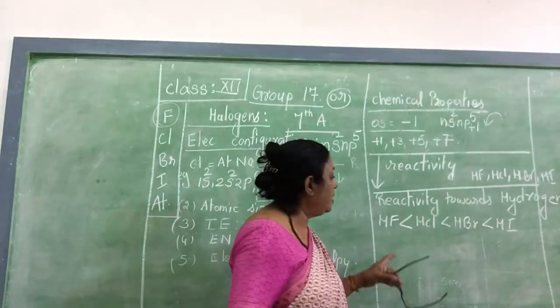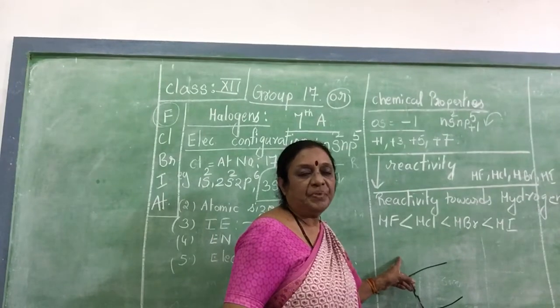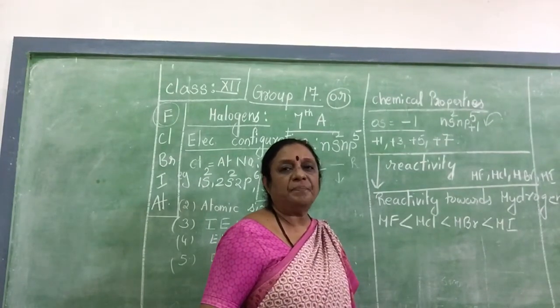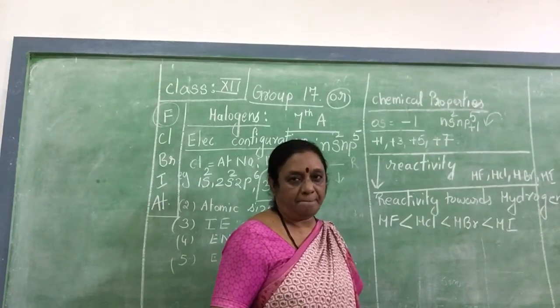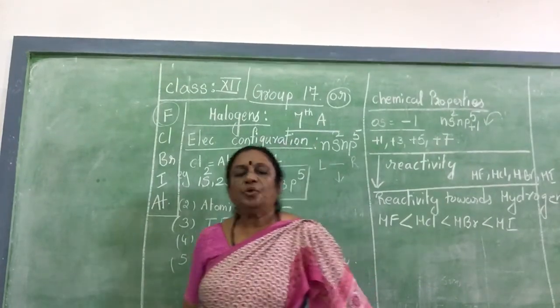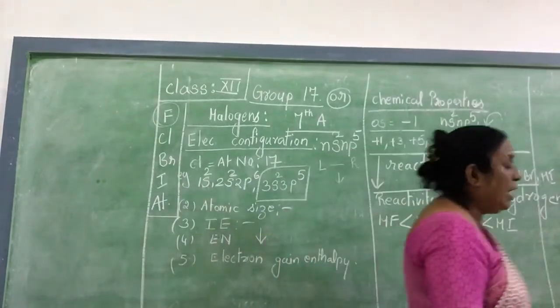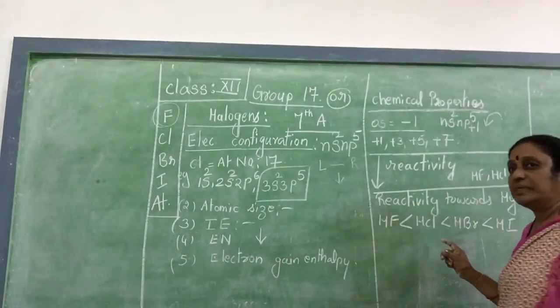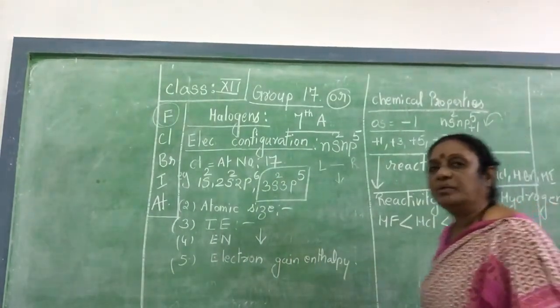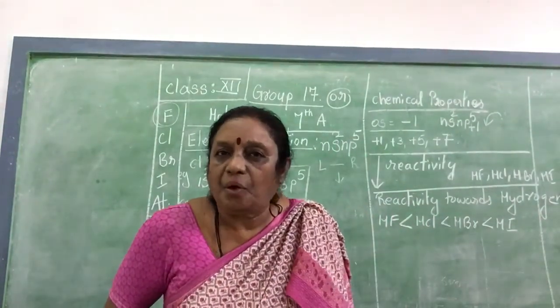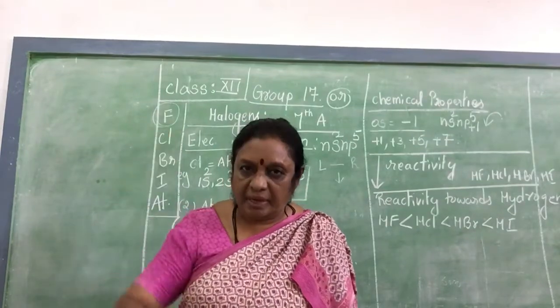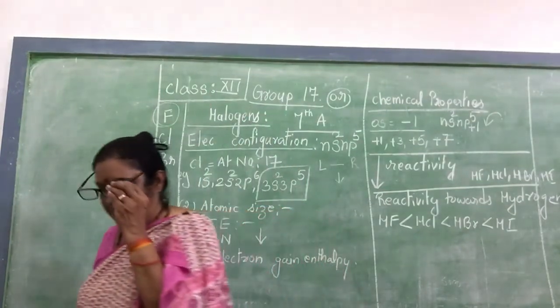Please note this point, children: HI is the most acidic halide. So the acidic character of halides increases down the family.